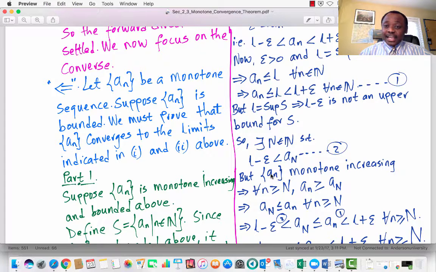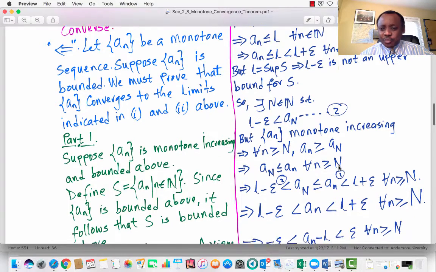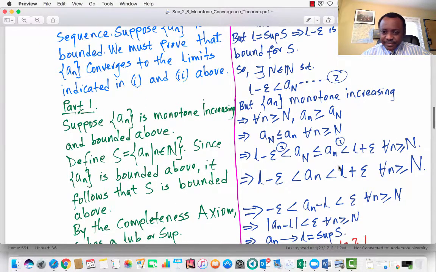Now we know that an is monotone increasing. So for every n greater than or equal to uppercase N, an is greater than or equal to a uppercase N. In other words, a uppercase N is less than or equal to an for every n greater than or equal to N.